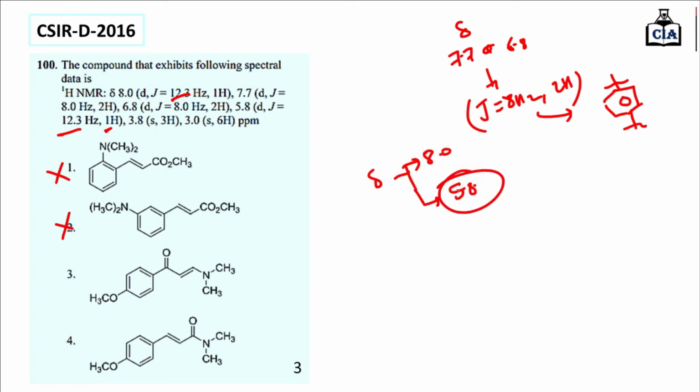This lower value, 5.8, shows that our 1H hydrogen atom is attached to an electron donating group, which donates electrons, so that shielding will increase. Due to that shielding, the chemical shift value is lower. Okay, so only option third has this nitrogen lone pair which can donate here and increase the shielding effect. So option third is the correct answer.